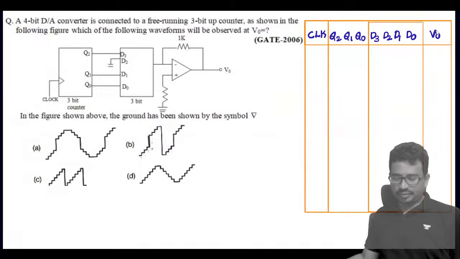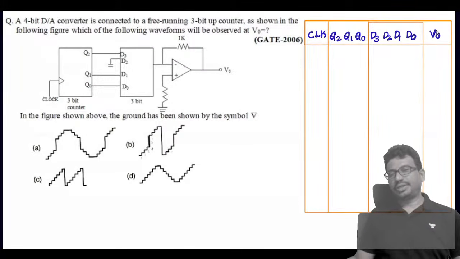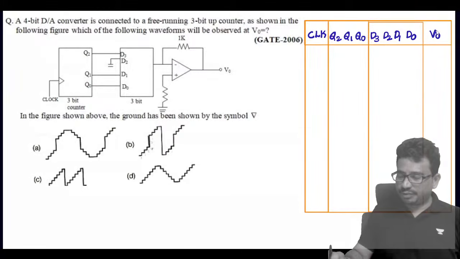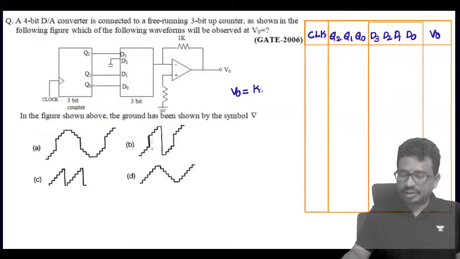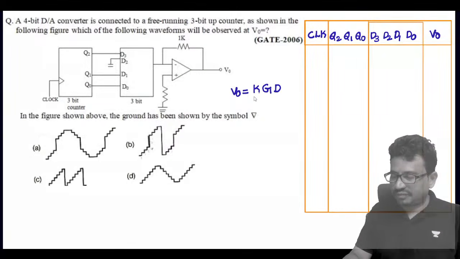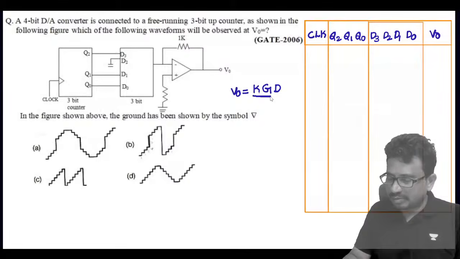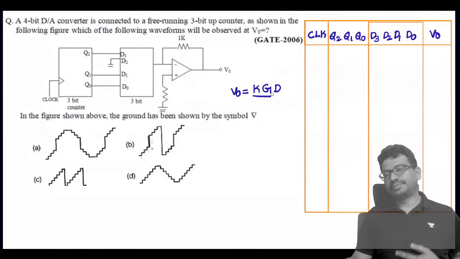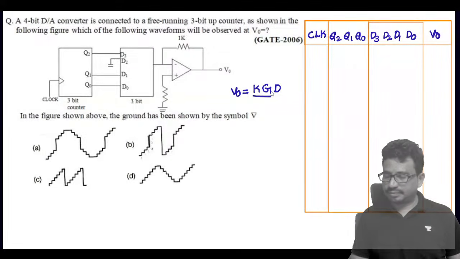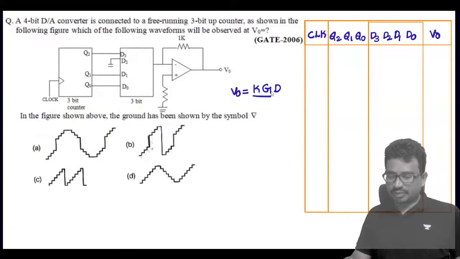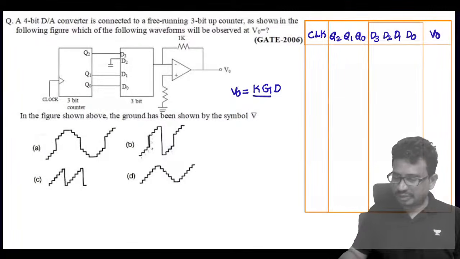Here we need to draw only the output voltage, which is equal to resolution into gain into decimal equivalent. These terms remain constant, so we need to focus only on the output voltage proportional to decimal equivalent.